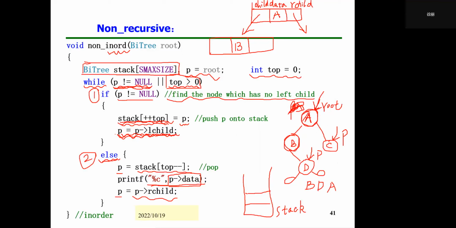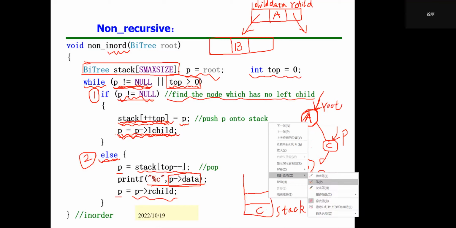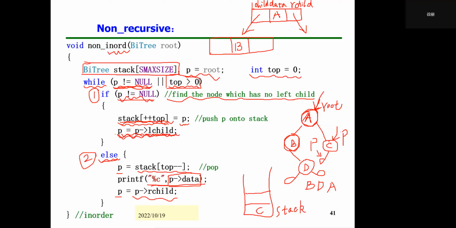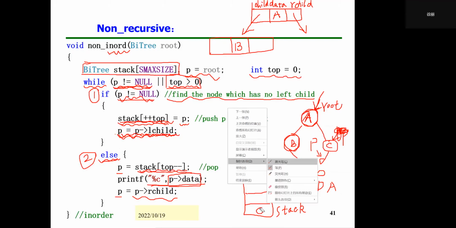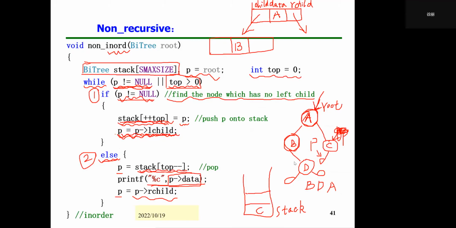So now P is not null, right? And we push C and we go left. Of course, now the left of C is null. So P is null. Then in the next loop, P is null, that means we need to pop from the stack. So we pop C. Every time we pop from the stack, we can visit this node.